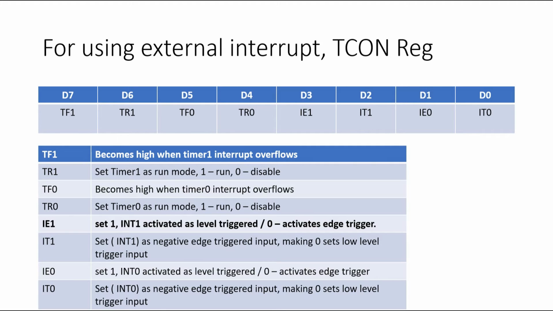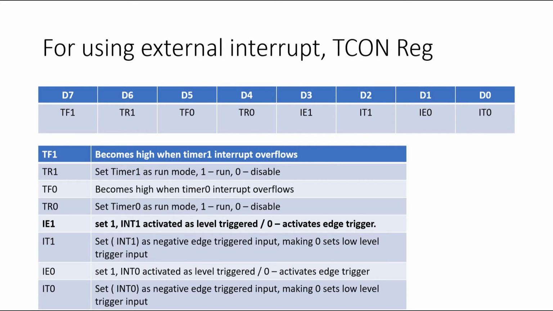IT0, making it 1 will enable the interrupt. So if you set IT0, if you make IT0 bit go 1, then a 0 coming on the external interrupt pin will trigger the interrupt.